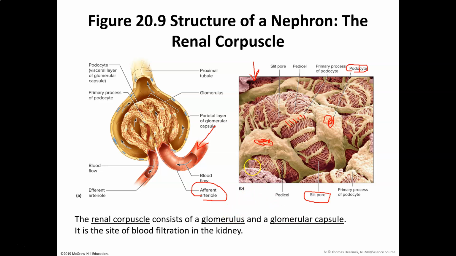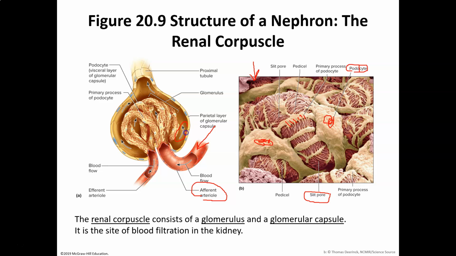So, to recap, blood flows into the afferent arteriole, into the glomerulus. It flows through the glomerulus, but gets filtered through the podocytes. The podocytes have these slit pores that help to filter materials that get into this space.